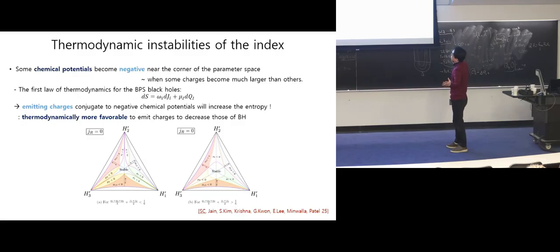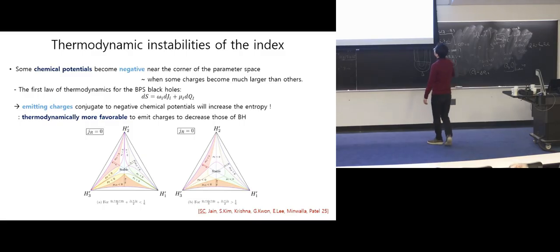Using the first law of thermodynamics for BPS black holes, you can see that emitting charges conjugate to a negative chemical potential will increase the entropy. So you should find a more entropic solution than the known BPS black holes when some chemical potential becomes negative.